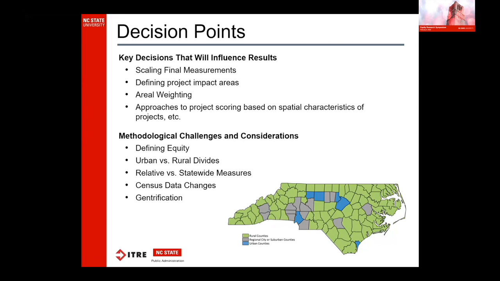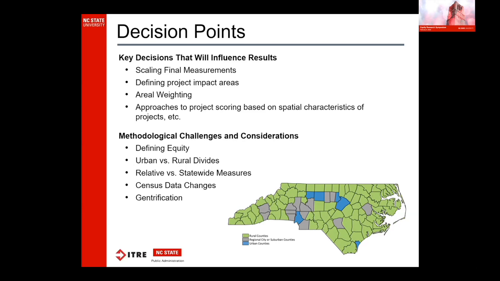As Chase mentioned, we're still working through scaling the final measurements, defining the project impact areas, particularly because there's so much diversity, not just within the Wake County planning area, but also statewide as we move towards building these models out, broadening our applications, area weighting processes, as well as the different approaches to scoring based on the different spatial characteristics of the projects.